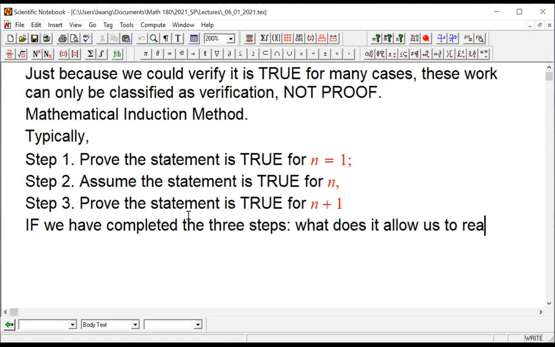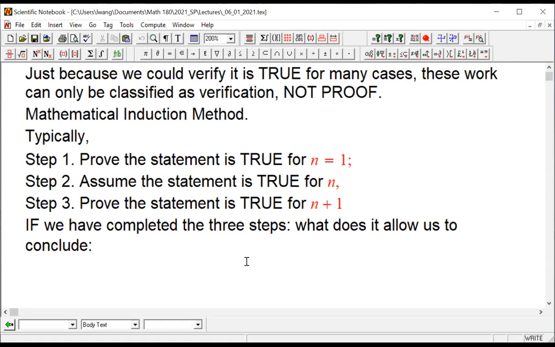To reason, to conclude. If it's true for the first case and we assume it's true for n, then we have proved that it's also true for n plus 1.